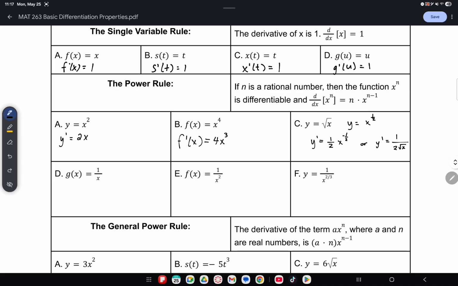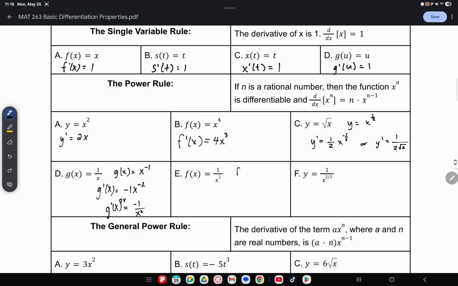All right, same idea here. We can rewrite 1 over x as x to the negative 1 to then use the power rule. So the derivative is negative 1x, and then we're going to subtract 1 from the power still to give us negative 2, or we could rewrite that and say that we have negative 1 over x squared.